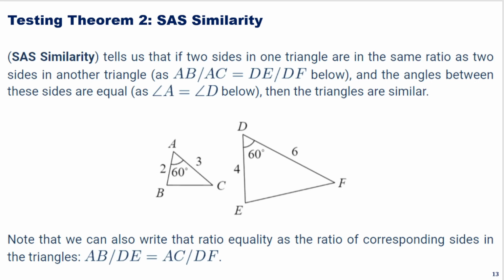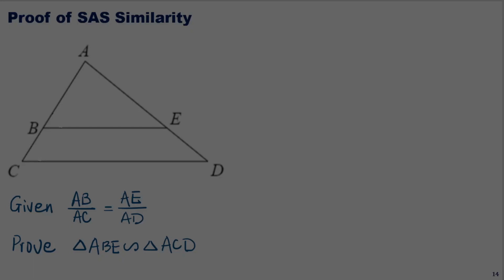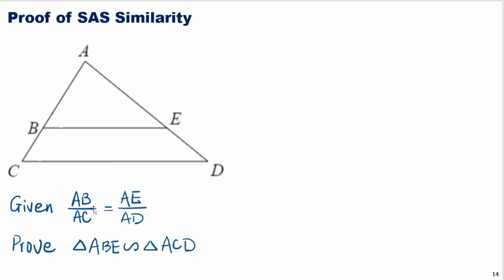Okay, finished? Okay, I'll give you a quick explanation why SAS is true. So the question is, given AB over AC equals AE over AD, how can we prove ABE is similar to triangle ACD?